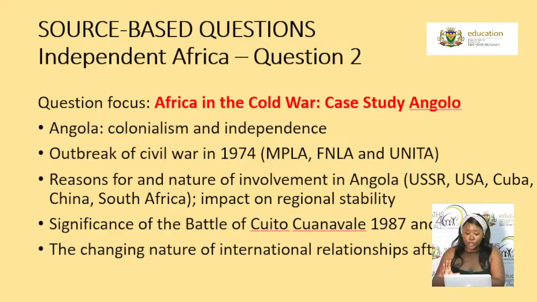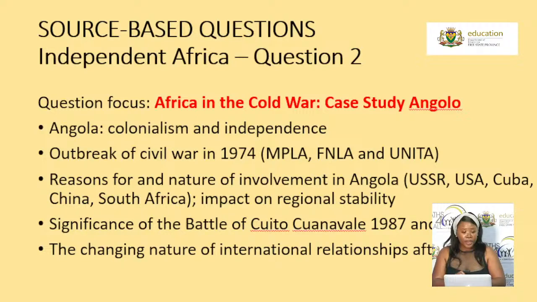Here we look at the impact on regional stability. We also look at the significance of the Battle of Cuito Cuanavale of 1987 and 1988, and the changing nature of international relationships after 1989.